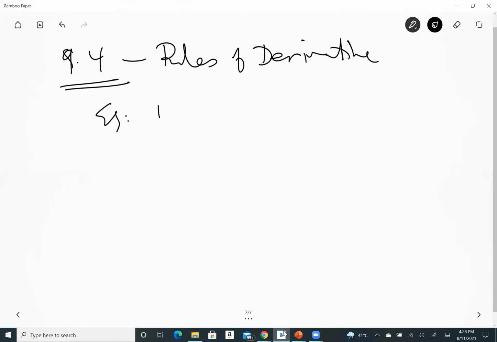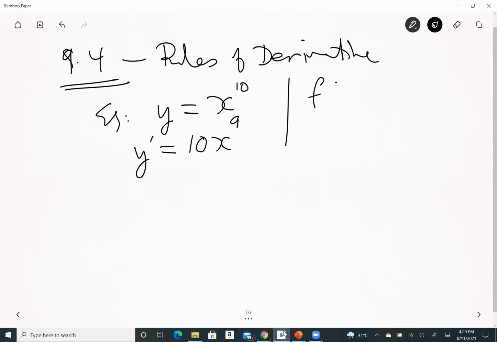An example will be if y is equal to x to the power of 10, then the derivative is y prime equal to 10. You bring down the power, multiply by x, and reduce the power by 1. So that is 9. Or if I use f of x to denote the function, let's say f of x is equal to x to the power of 3.8, then what is f prime of x?